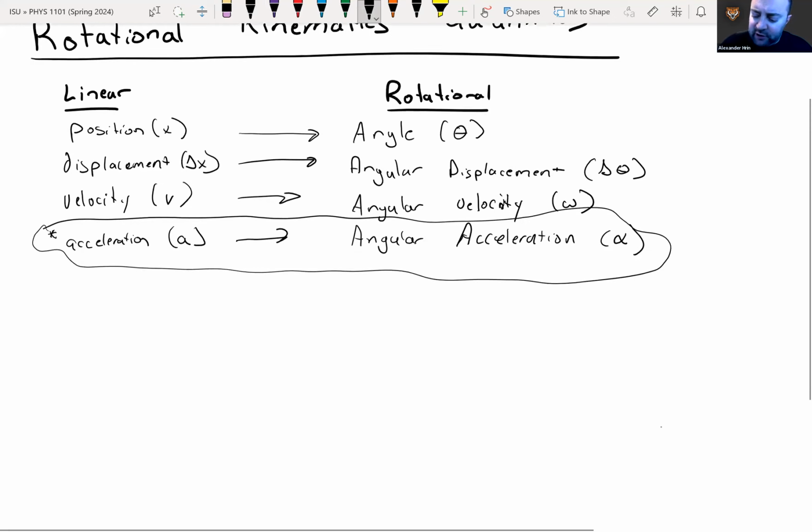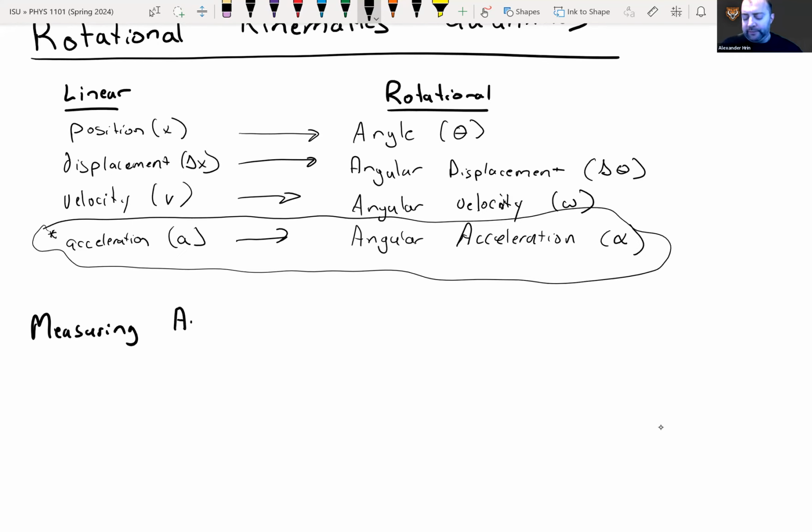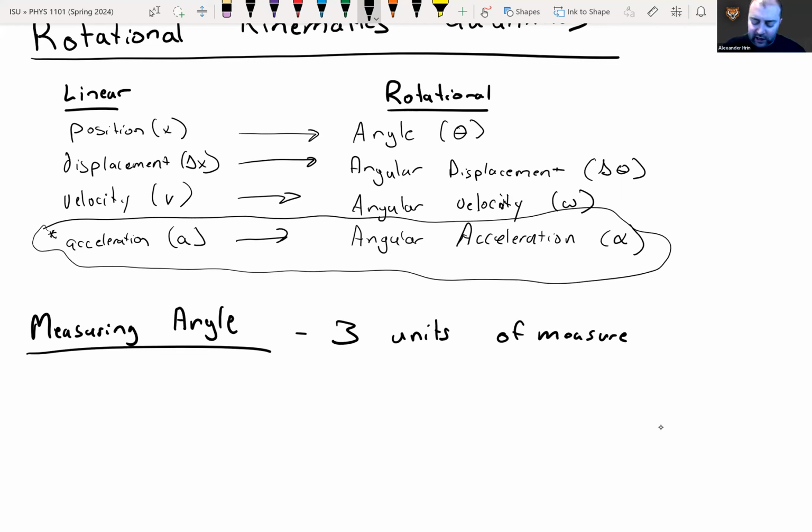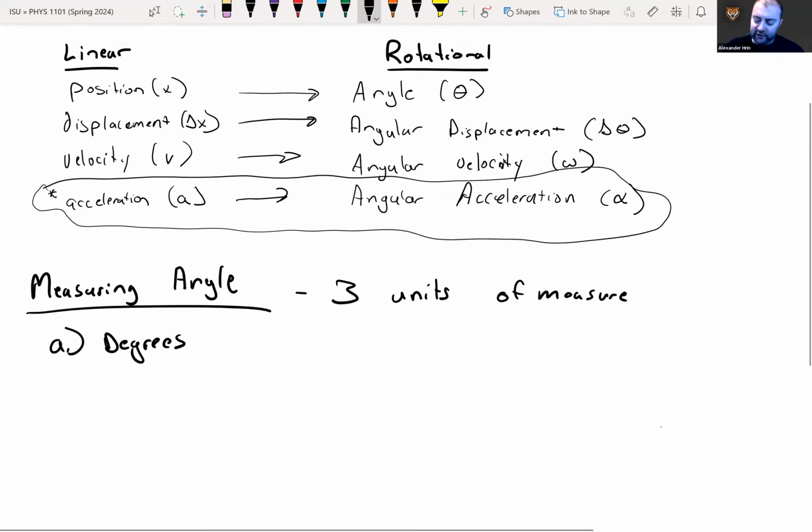Another big thing to know about is how we're going to measure angle. There are generally three units of measure. The first one is degrees. Perhaps you have heard of this one.